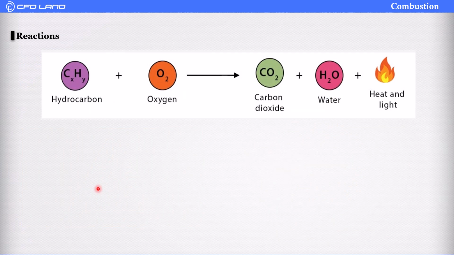So, the most common reactions in combustion are the reactions of hydrocarbons with oxygen, that produce carbon dioxide, water, heat, and light. Of course, there can be other forms of fuels like this reaction, where we have hydrogen as our fuel. As you can see, the product of this reaction is only water.